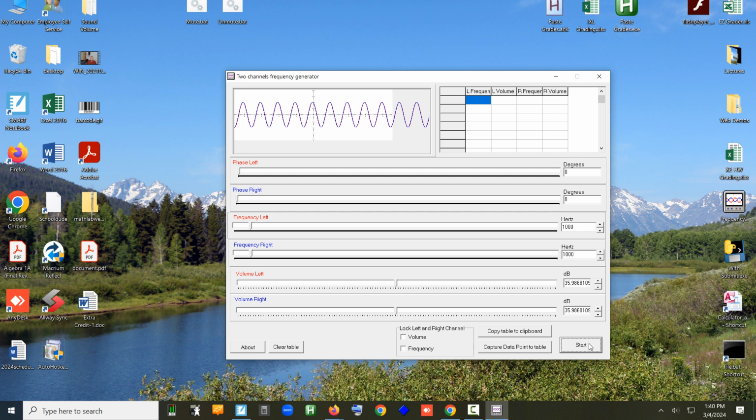Now, some frequencies are the same, but they sound different. Like if you play a frequency of 1,000 hertz on a guitar versus 1,000 hertz on a piano, it's just going to sound different, even though it's the same frequency, just because a piano has a different sound than a guitar. So that's another thing that would factor into a sound wave a little bit.